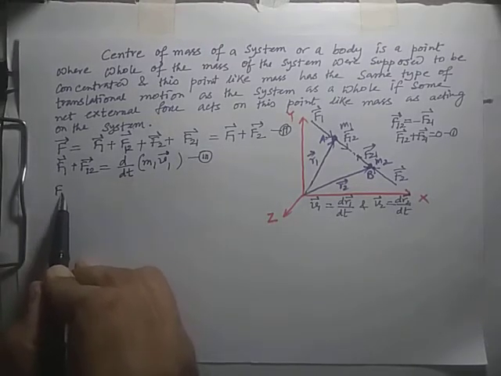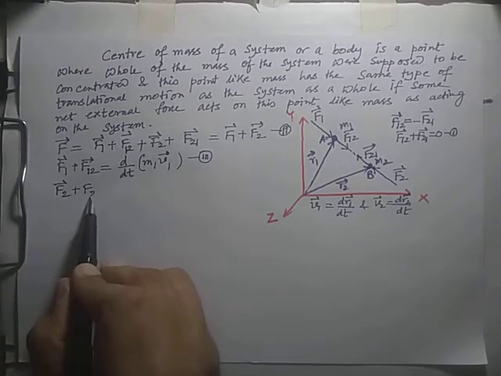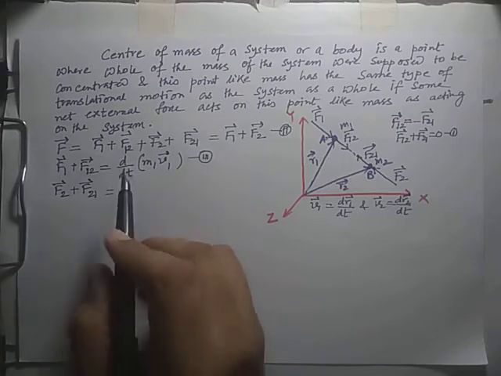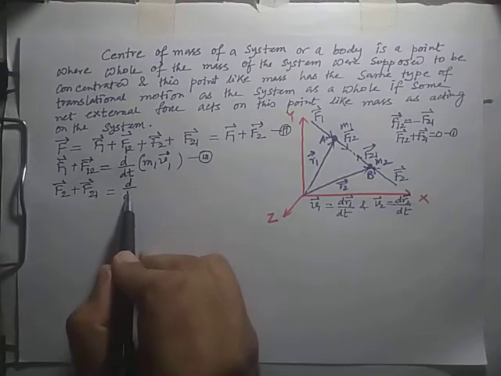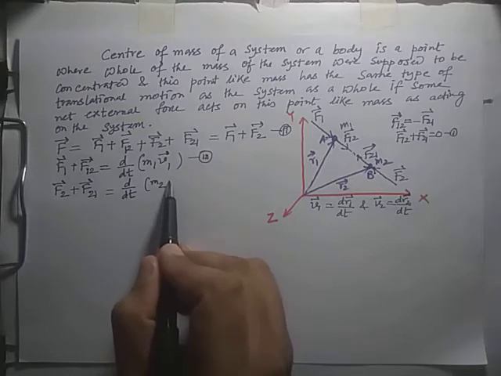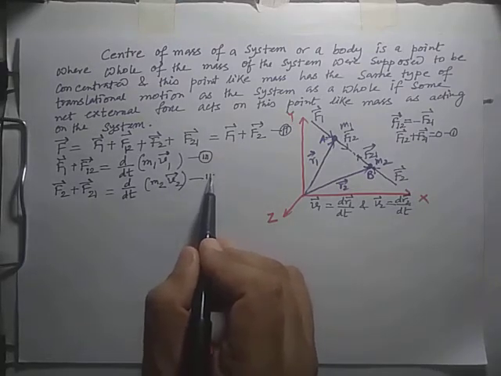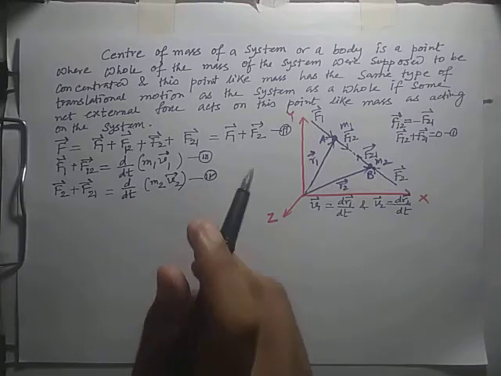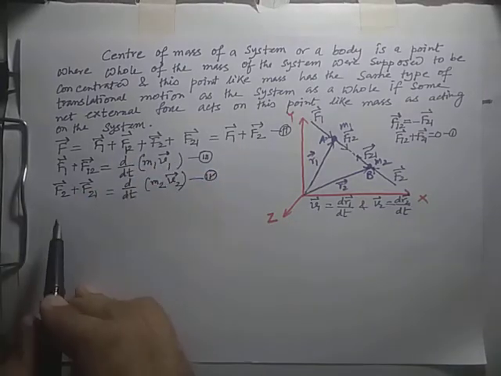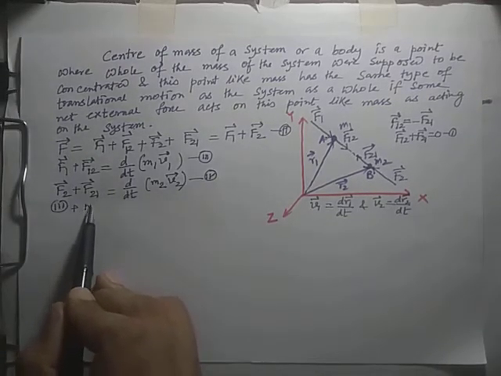Next, F2 plus F21 is equal to d by dt m2 v2. That is equation number 4. Now we'll add these two equations, 3 plus 4.